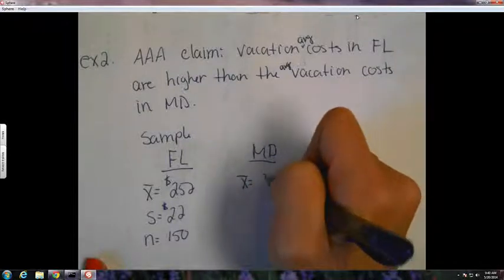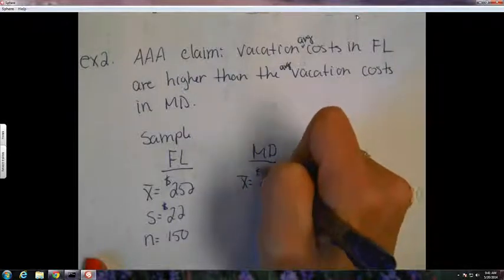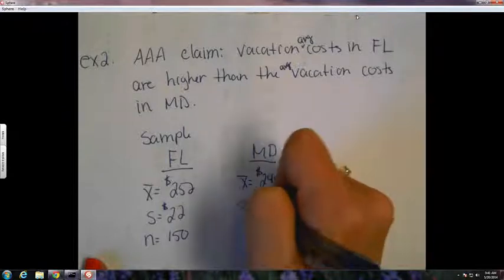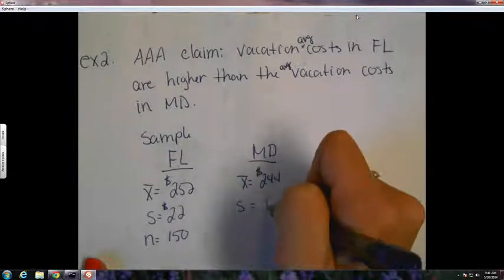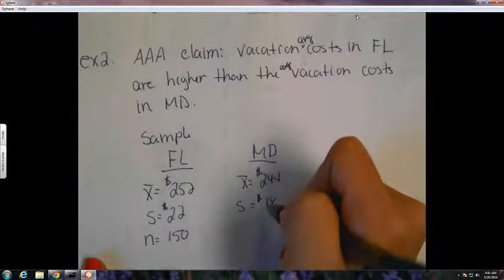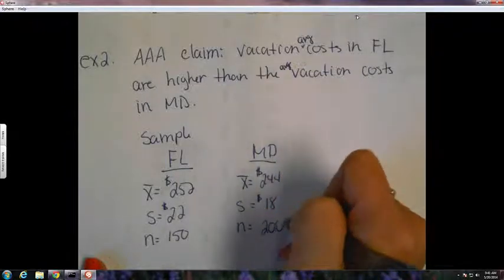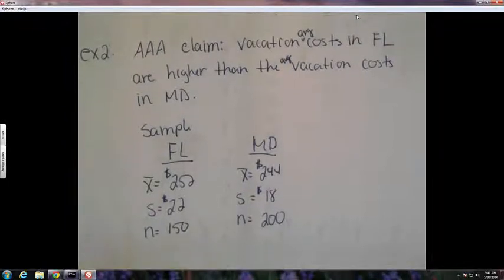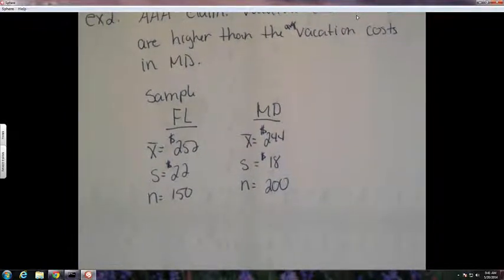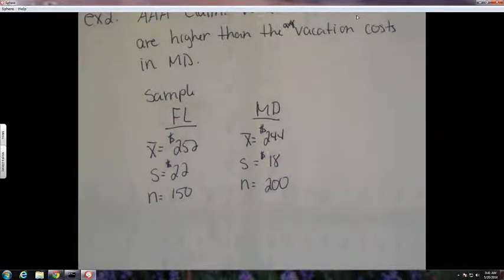Maryland, 244. Standard deviation here, 18. Sample size 200. So the sample sizes do not have to be the same. They just have to both be greater than or equal to 30.